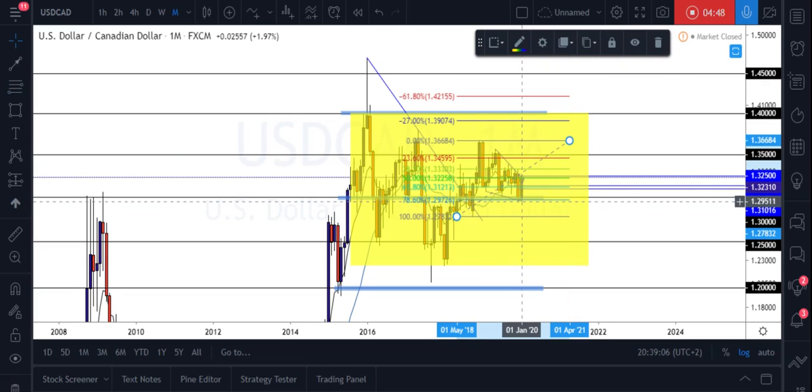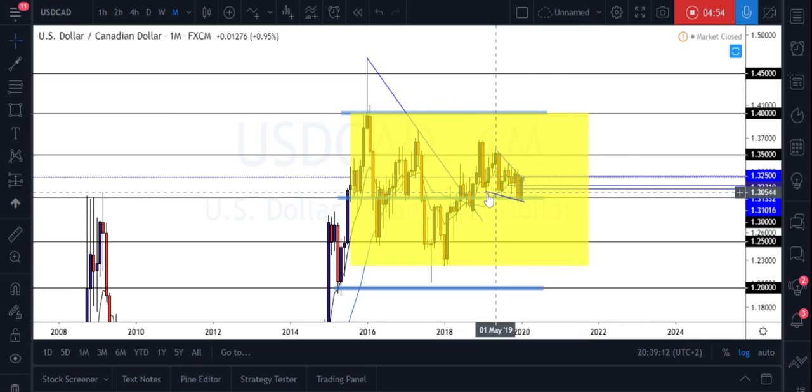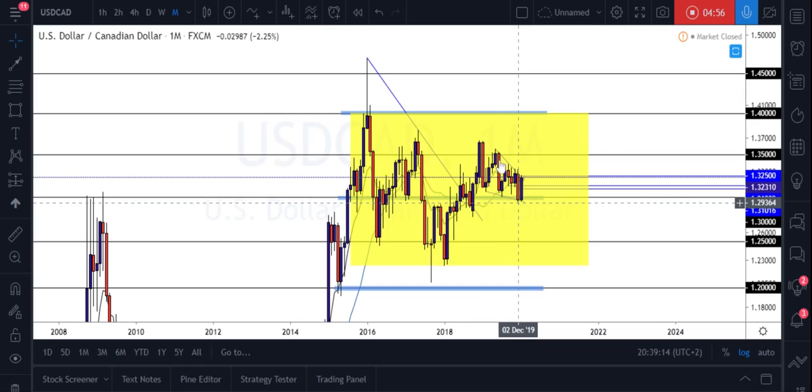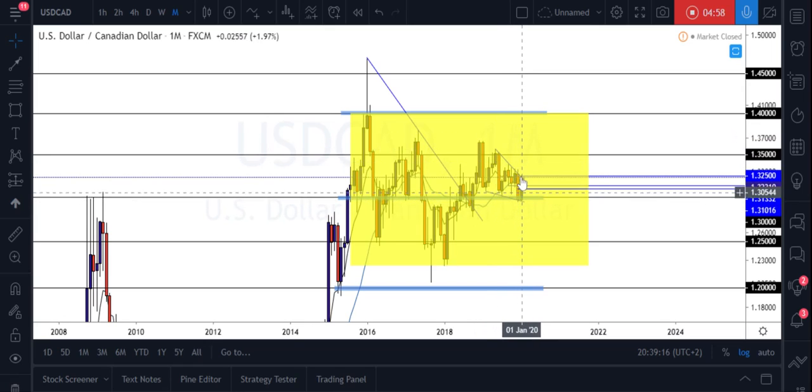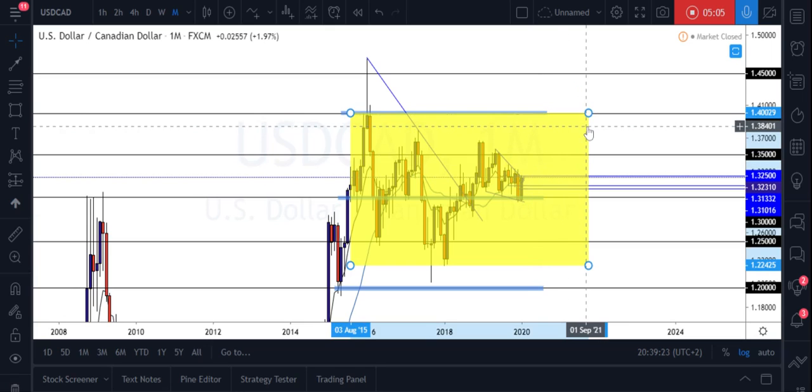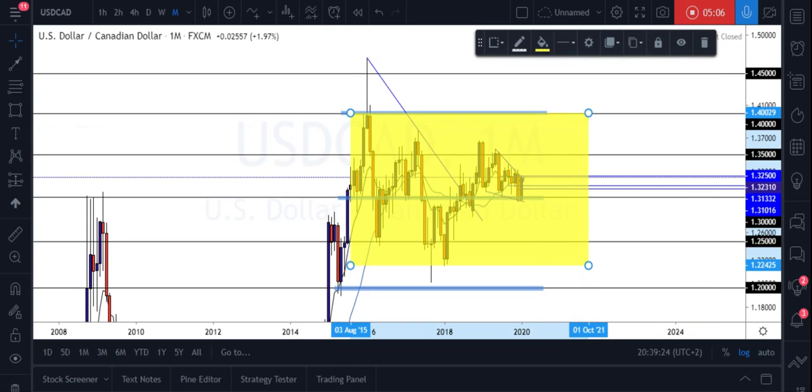Yep, 78.6, and our monthly key level, and we have this support level based off our trend line, which is also a wedge pattern, we can then expect price to give us now finally our break to the upside to the top of this consolidation box. Right.